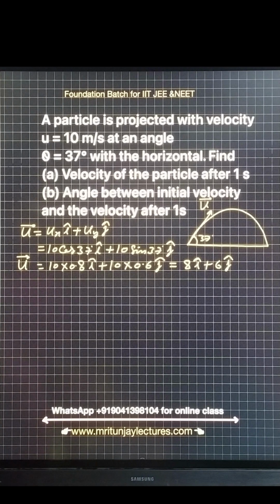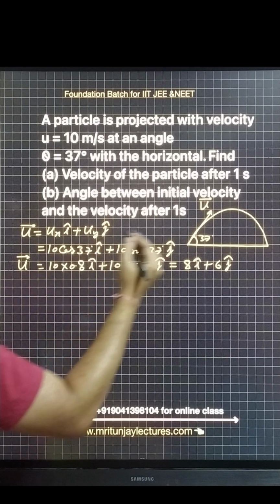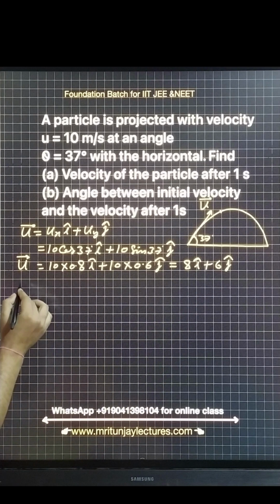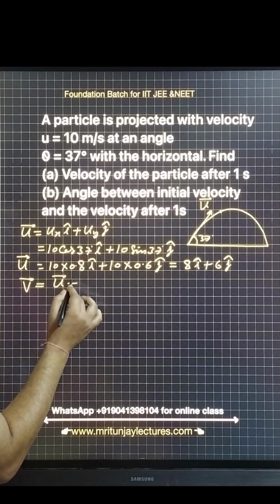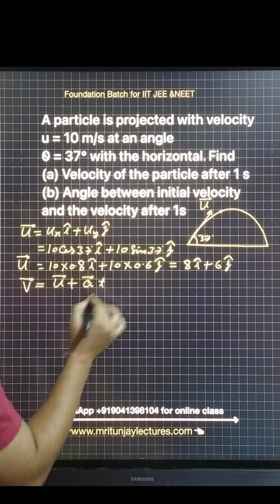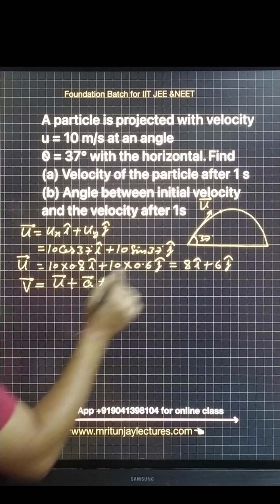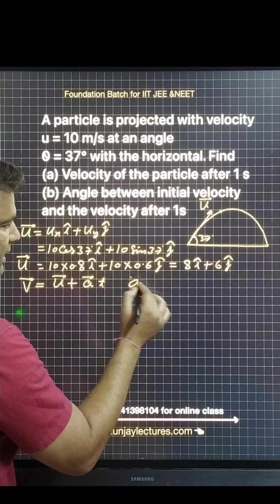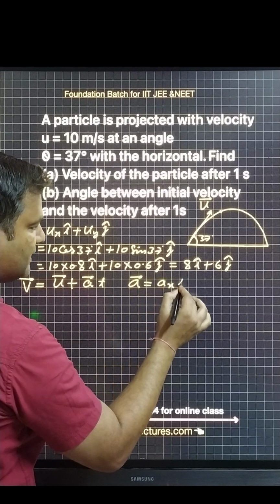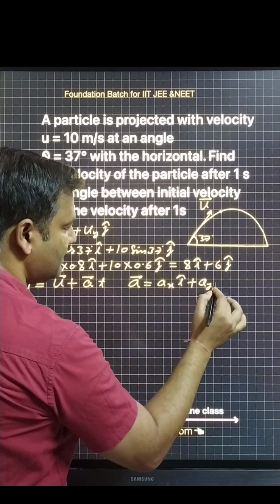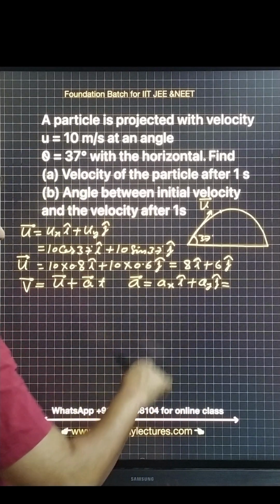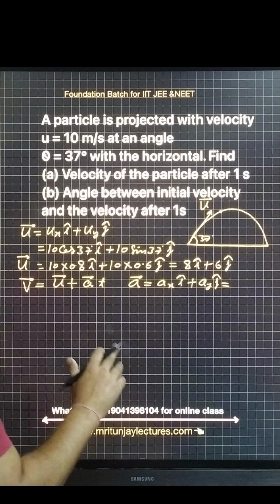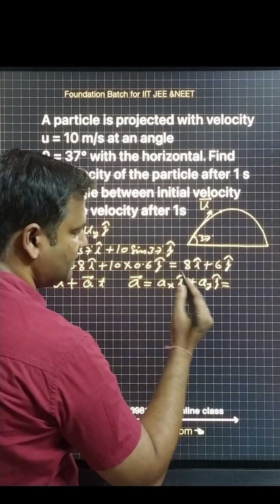Now, what about the velocity after t time? V is equal to vector u plus vector a into t. U is already given. What about a? A is equal to ax i cap plus ay j cap. In the horizontal direction there is no force, air friction is 0, so that is 0.